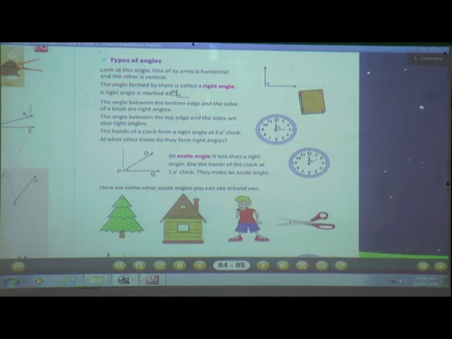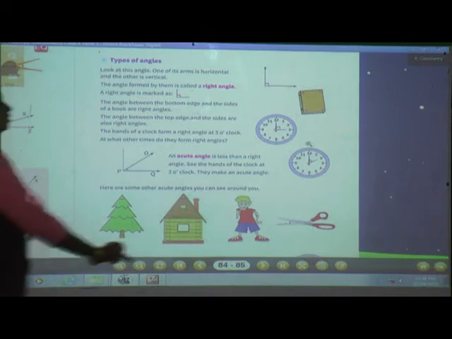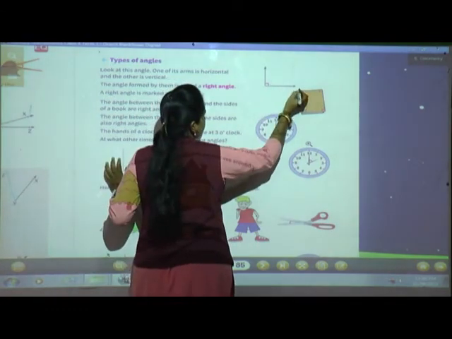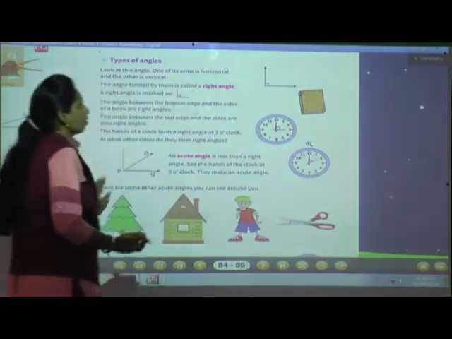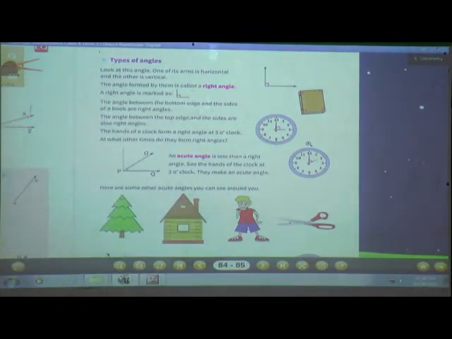Okay, now look at this angle. One of its arms is horizontal and the other is vertical. Can you see here? One arm is horizontal, one arm is vertical. The angle formed by them is called a right angle.